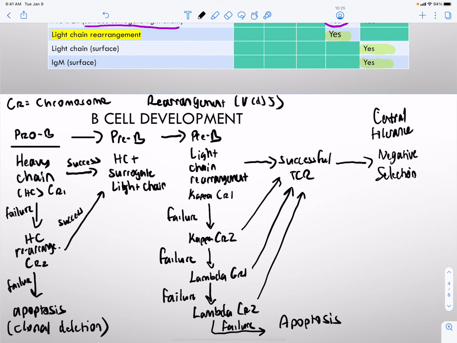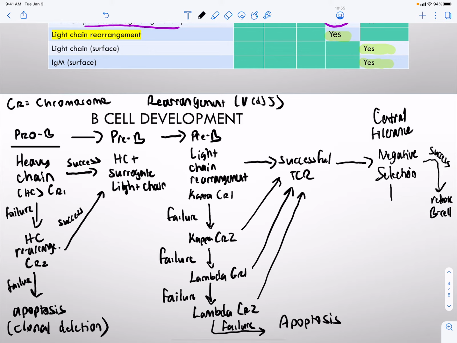And the purpose is to get rid of clones of B cells that bind to self-antigen in the bone marrow, because you don't want to release those B cells into the circulation. So if central tolerance or negative selection is a success, then you release your B cell, your mature B cell.